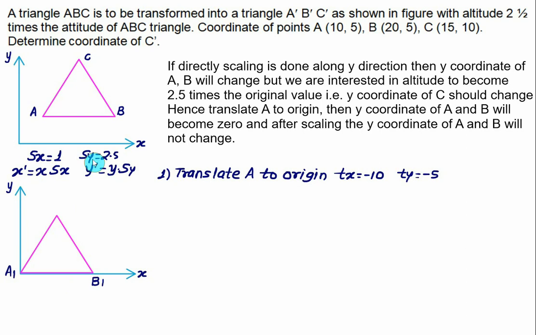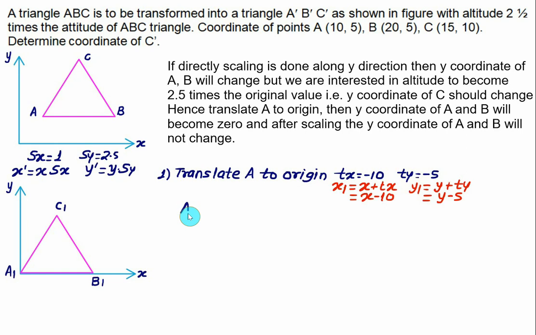So even if you do the scaling along the y direction, the y coordinate of a1 and b1 will not change, and we have c1. In this case, x1 will become x plus tx, that is x minus 10, and y1 will become y plus ty, that is y minus 5.